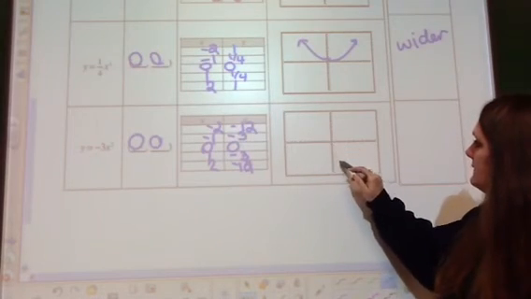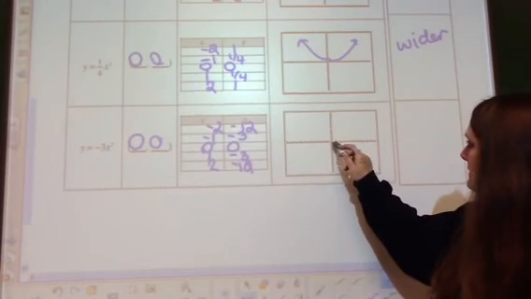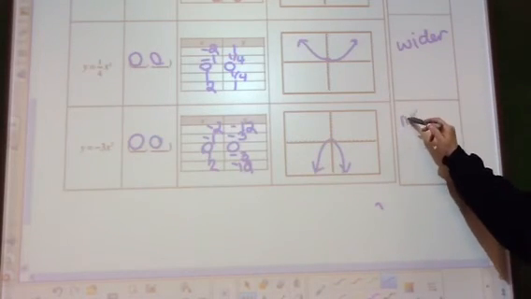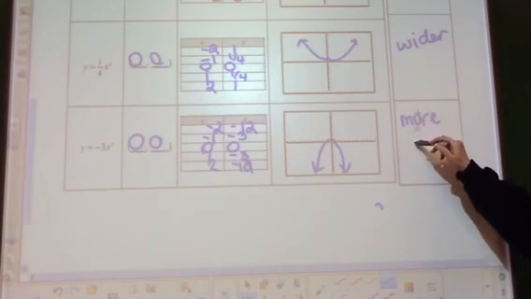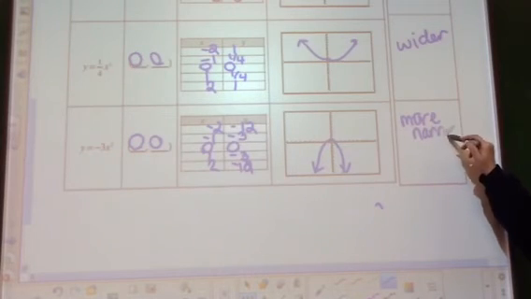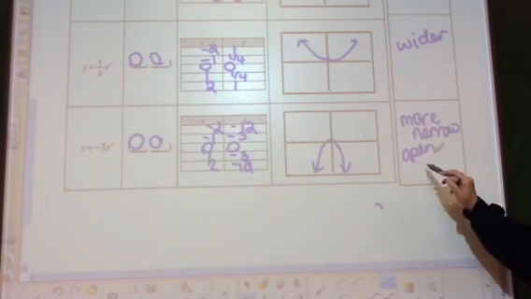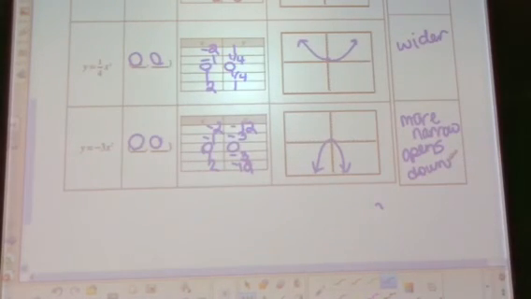So this function is going to go down this way. So the 3 makes it more narrow. And the other one, the negative, means it opens down. That's the correct terminology that we want to use, that it opens down.